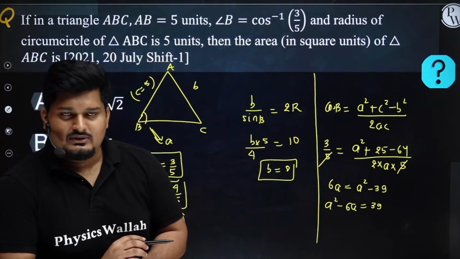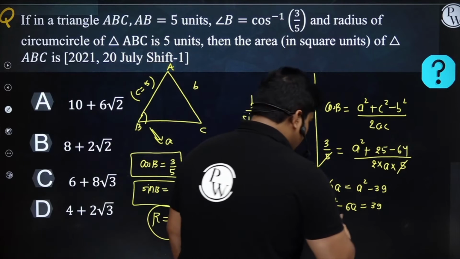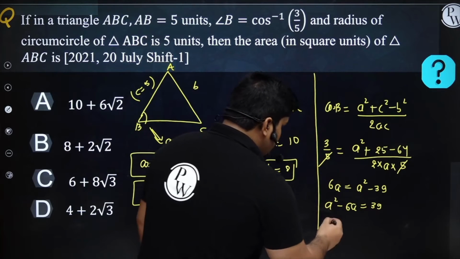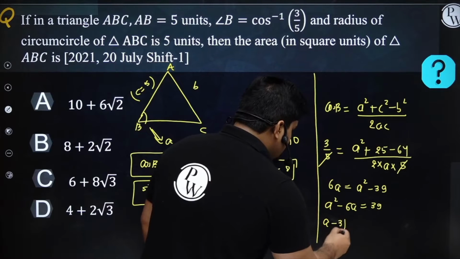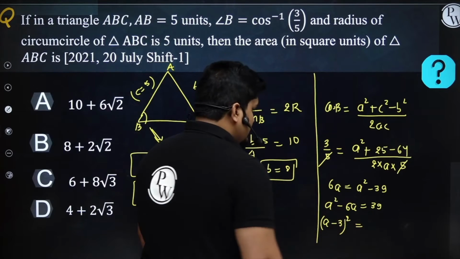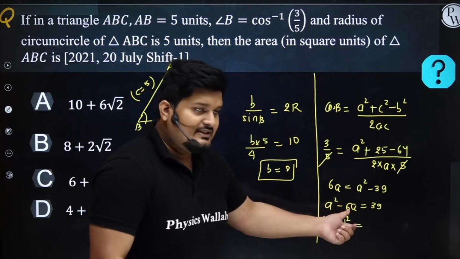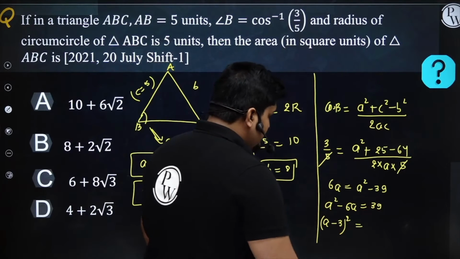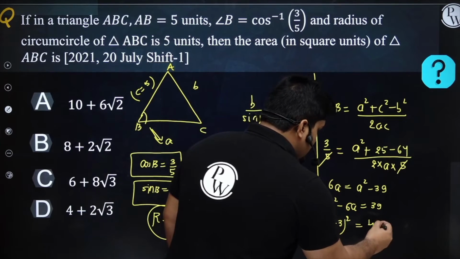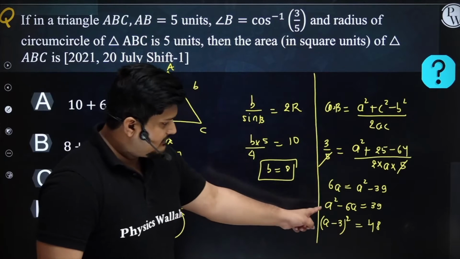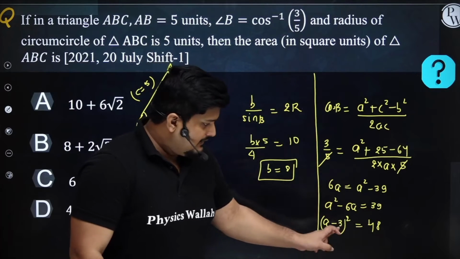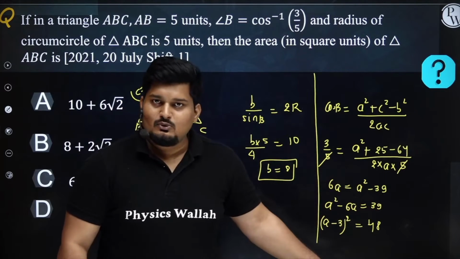We can find side A from here. We write A minus 3 whole square, adding 9 to both sides, so 39 plus 9 will be equal to 48.